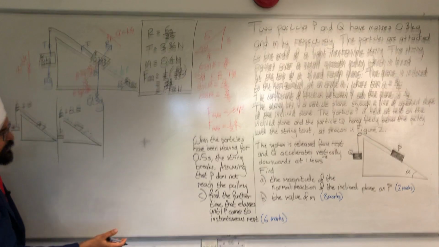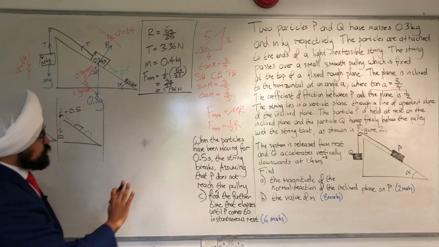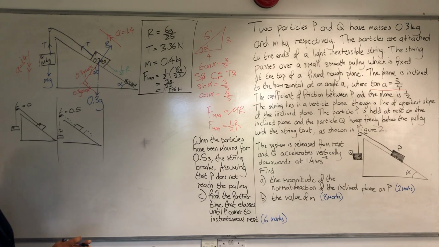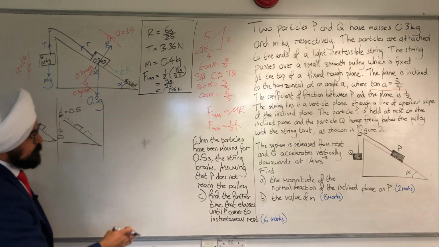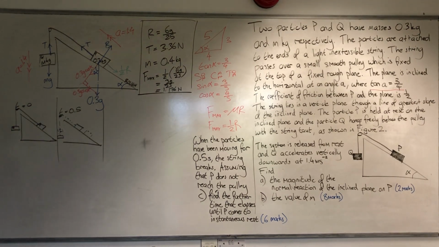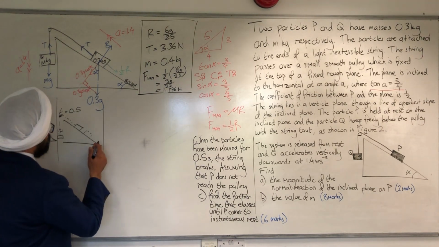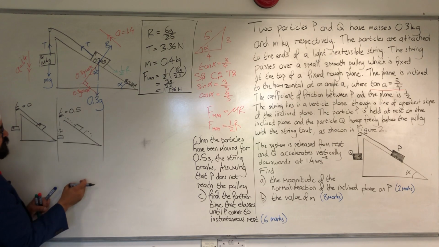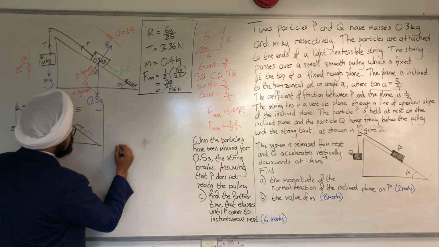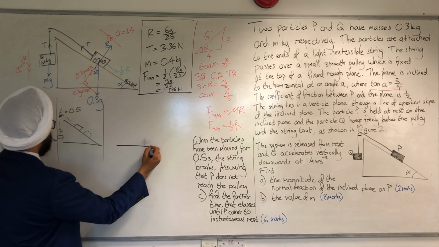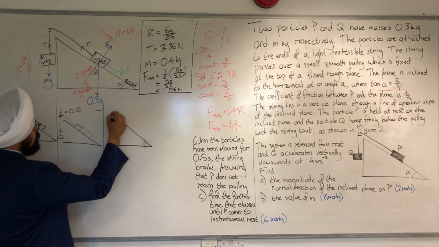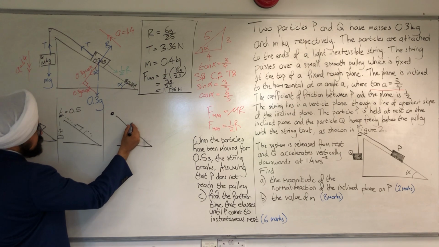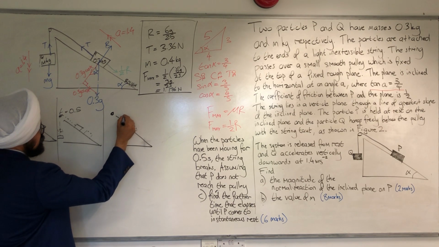And now let's carry on reading. Assuming that P does not reach the pulley, find the further time that elapses until P comes to instantaneous rest. So after 0.5 seconds, this particle is still going to want to carry on moving up. We've been told that the particle does not reach the pulley, so it's going to reach here somewhere.